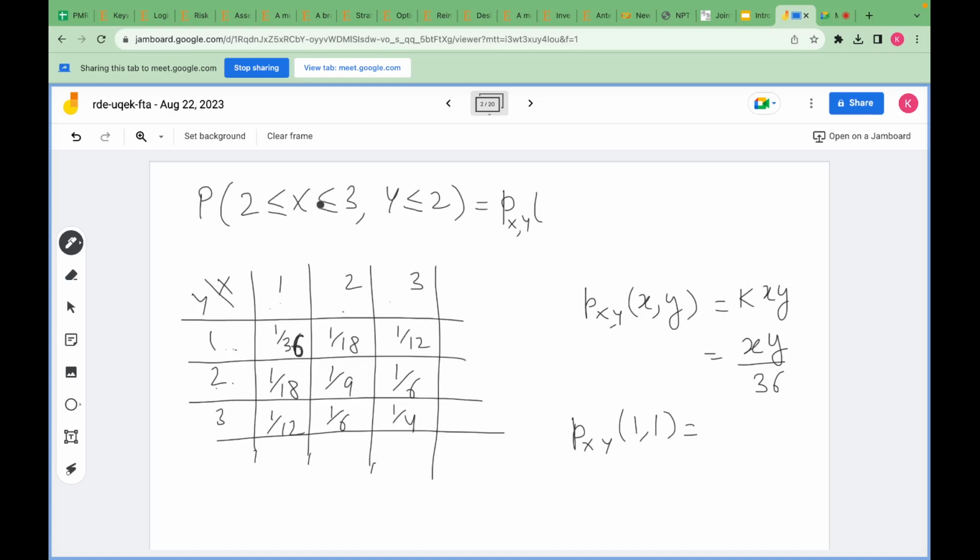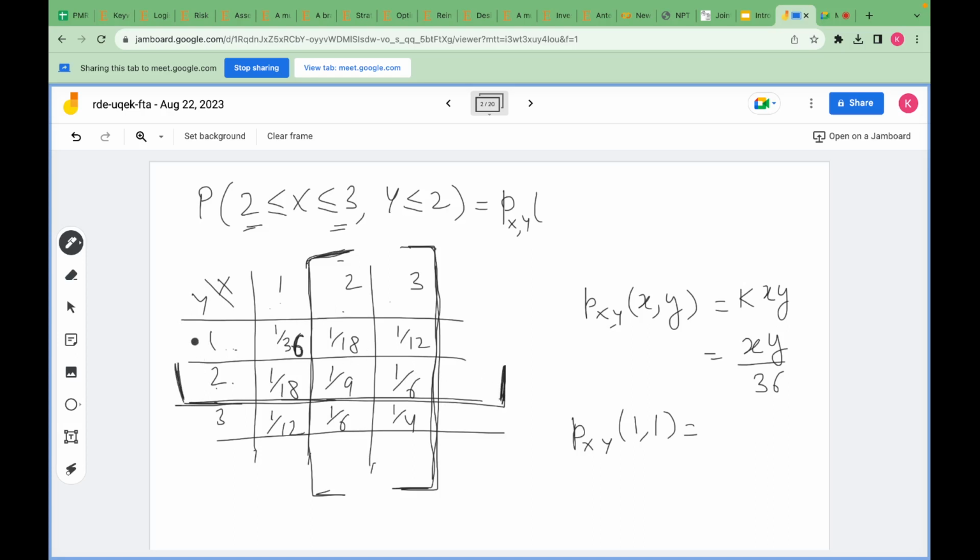Now we are asked the probability that x is varying from 2 to 3, so we are interested in this part, and y is less than 2, so we are worried about this section.